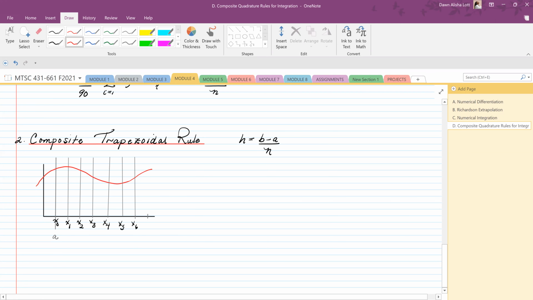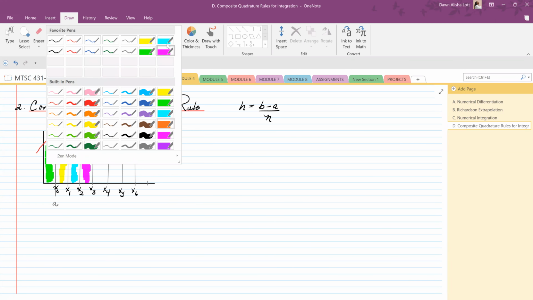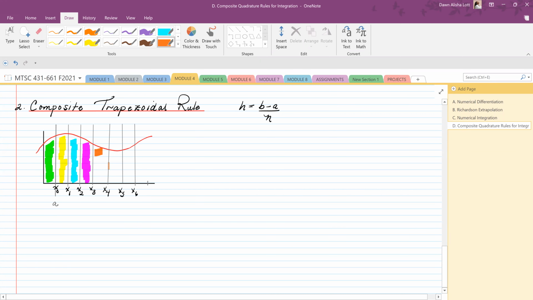Okay, same thing again, but this time we're using the trapezoidal rule on each interval. So every interval gets its own. So I have 1 and then 2, 2, 3, six.